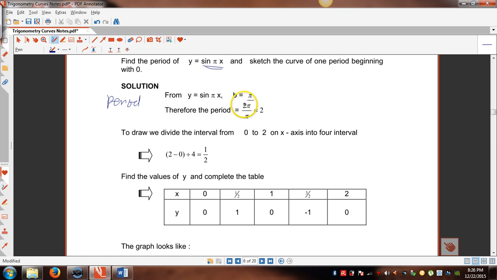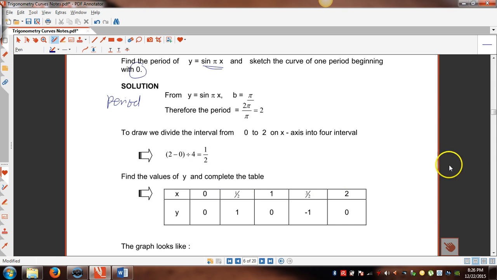We can use the formula 2 pi over b, then we get the period equal to 2. The interval equals period minus initial point. The initial point is 0, so period 2 minus 0 equals 2, divided by 4, then we have half.